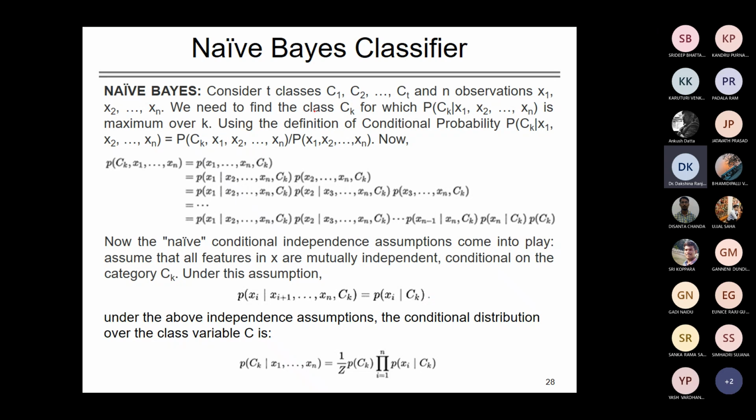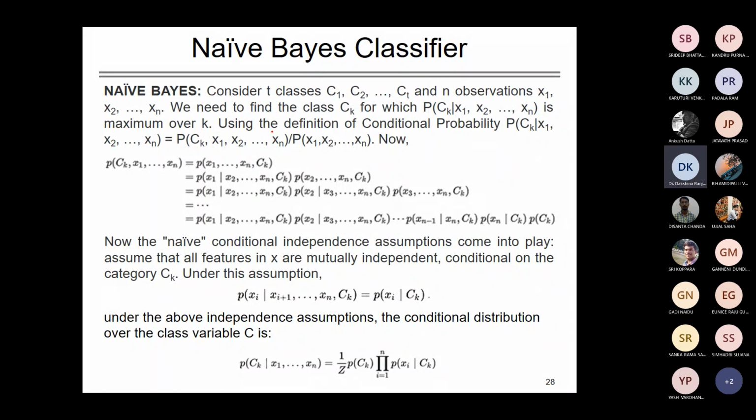Now we need to find the class Ck for which the probability of Ck given x1, x2 up to xn is maximum over k. That means we want the class Ck with maximum probability over k.